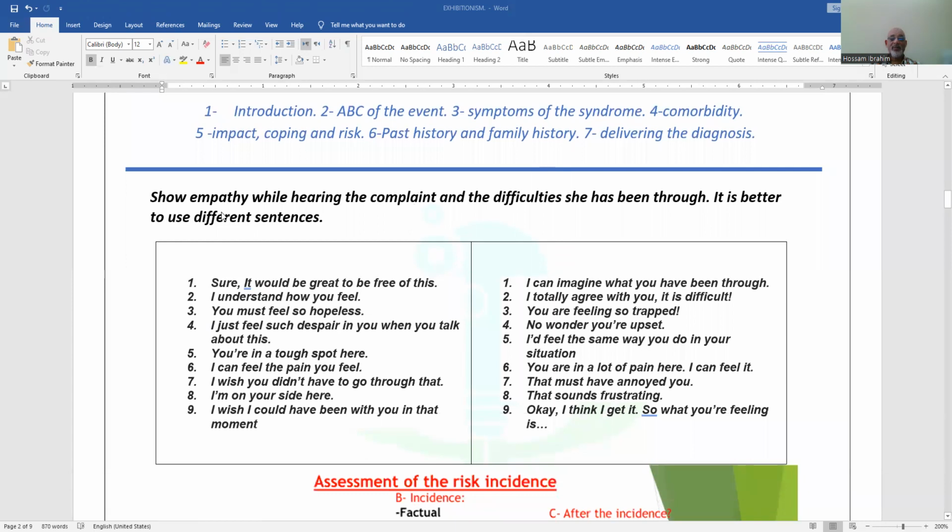And now again to empathy, which I always stress, because it is a major part of your communication skills, and actually it is one of the most lacking communication skills in international medical graduates, because simply English is not our first language.